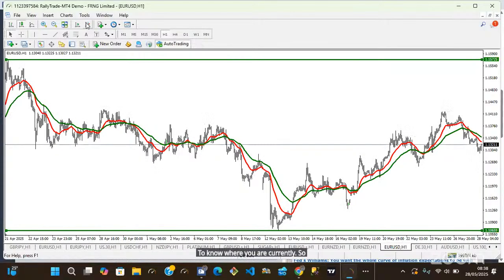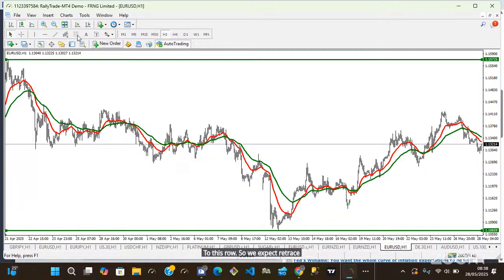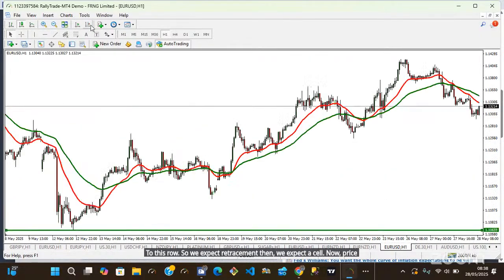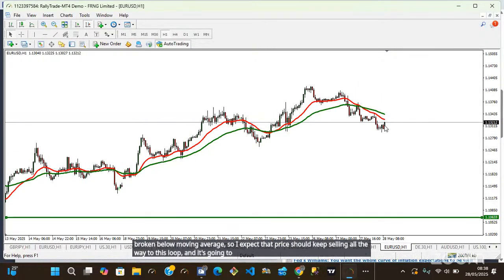So Euro USD, we are in a downtrend because market broke structure from here to this low. So we expect retracement, then we expect a sell. Now price has broken below the moving average, so I expect that price should keep selling all the way to this low, and it's going to sell for days. So Euro USD, we are bearish.